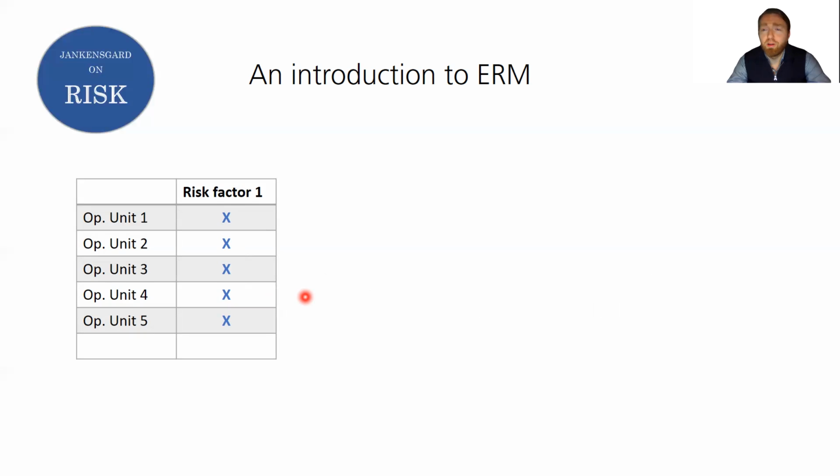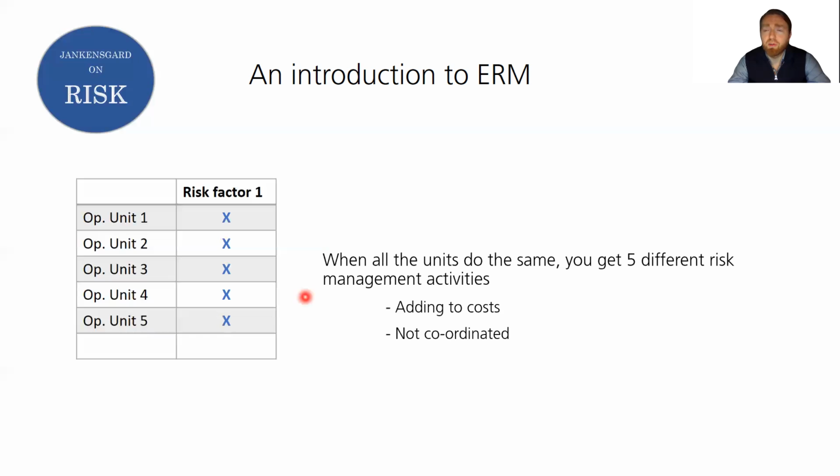And what if all the business units do that? Well, then you're adding to costs, obviously. Each of these risk management efforts will create a layer of costs, and they won't be integrated. So if this represents a positive exposure, meaning that they're selling in a particular currency, and this unit here is buying in that currency, well, from the firm's point of view, obviously, you would like to net those and manage the net exposure.